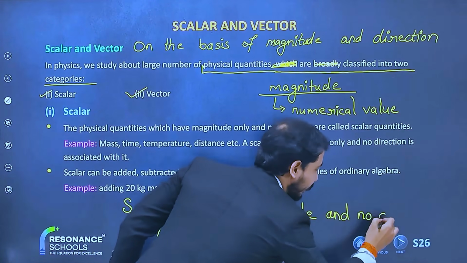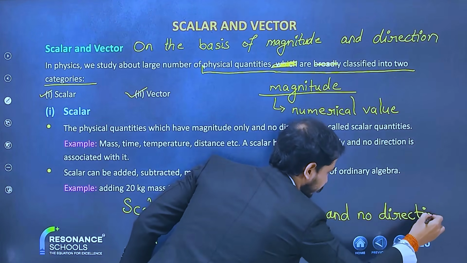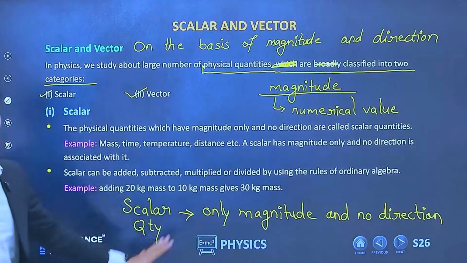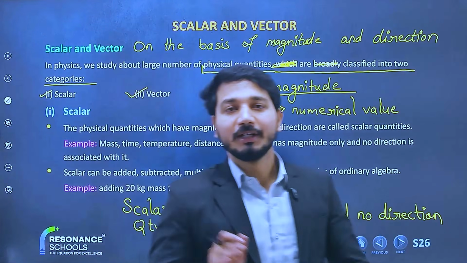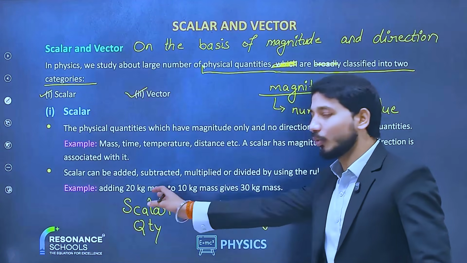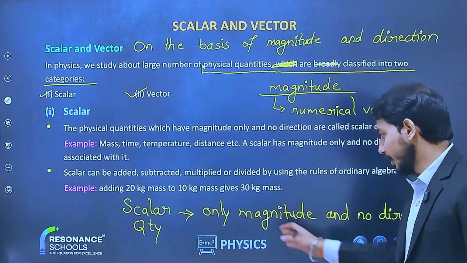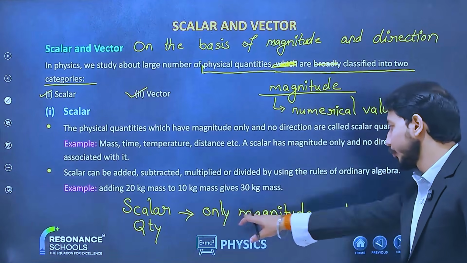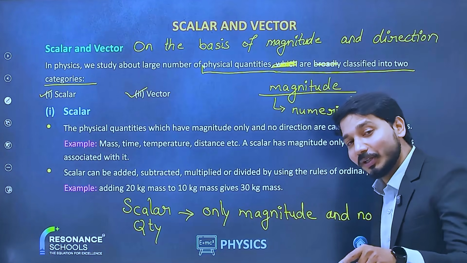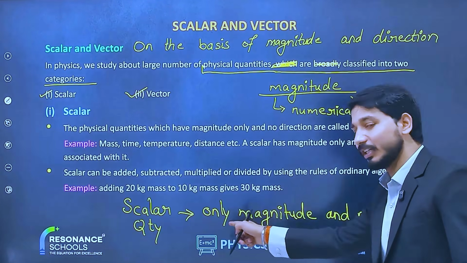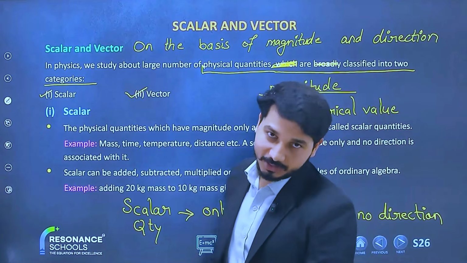Then you can define it by yourself also. This is the short trick to remember scalar quantity. Only magnitude and no direction. The words before and after you can add by yourself. So the physical quantities which have only magnitude and no direction are called scalar quantity.